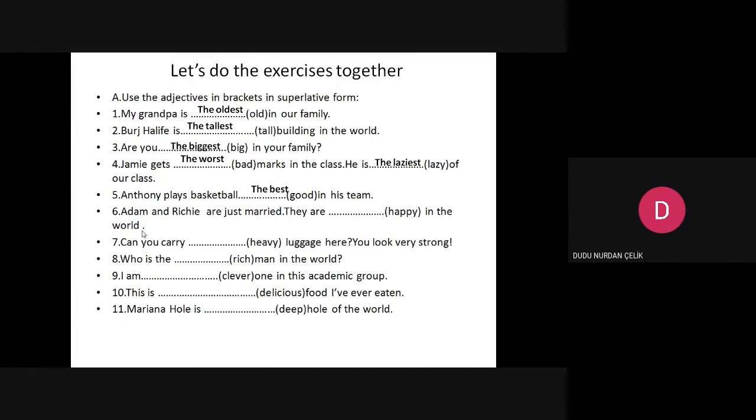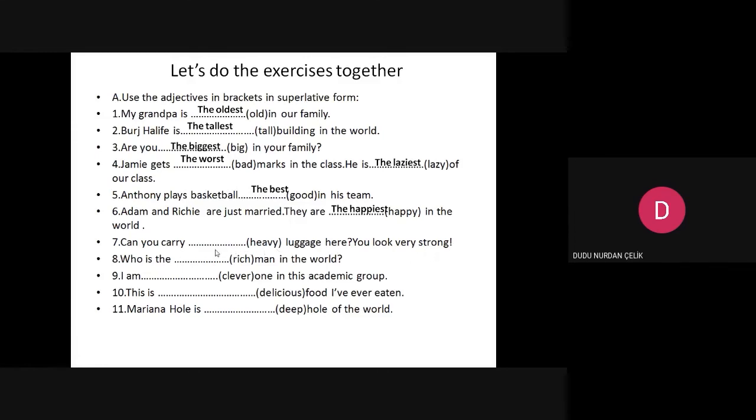Adam and Richie are just married. They are new married. So they are very good, the happiest in the world. Can you carry luggage, heavy luggage here? You look very strong.